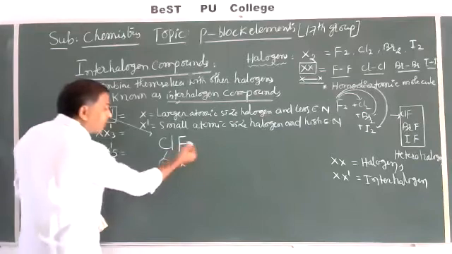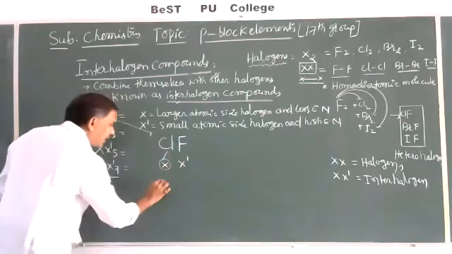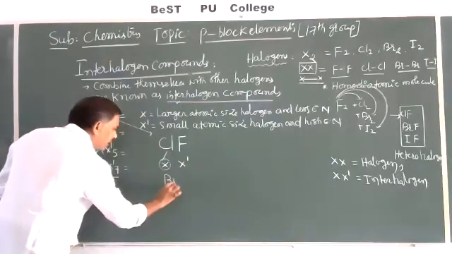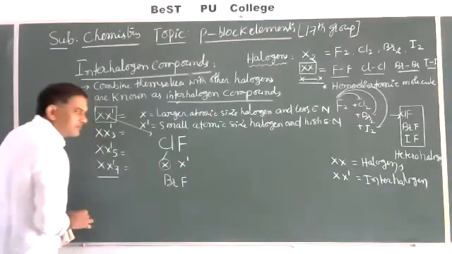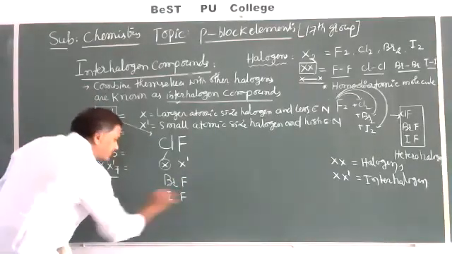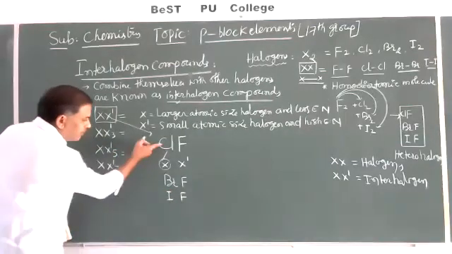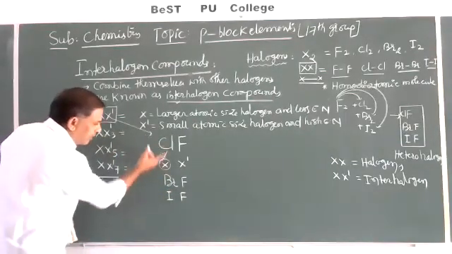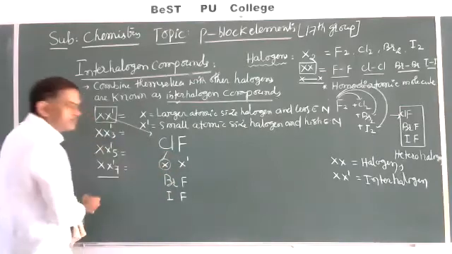We can take combinations like BrF and IF also, because chlorine, bromine, and iodine are larger in size while fluorine is small.